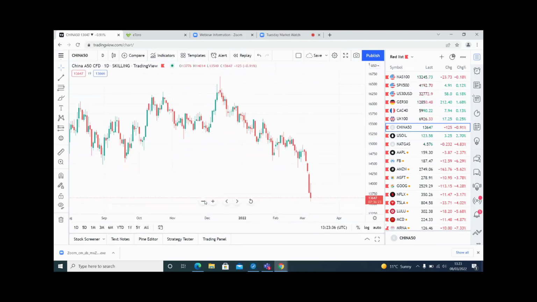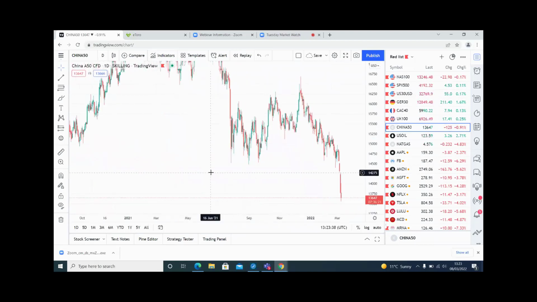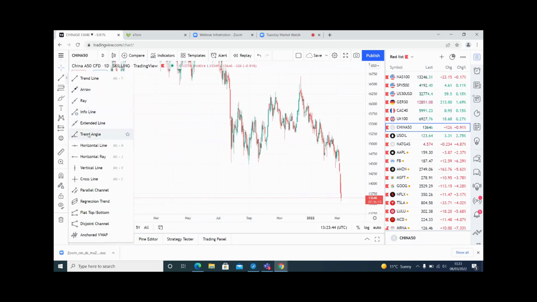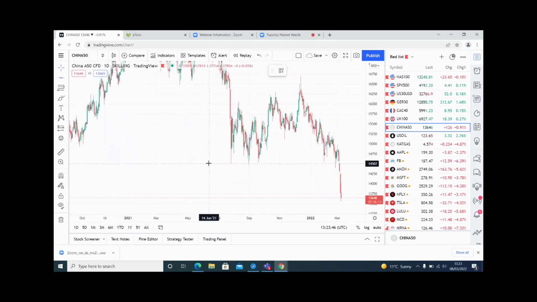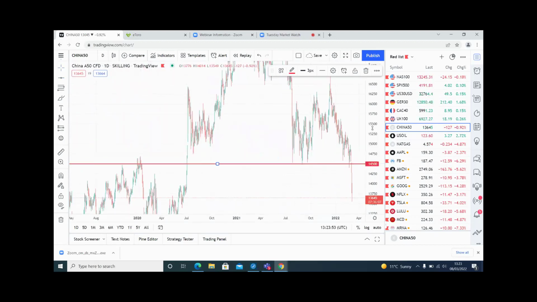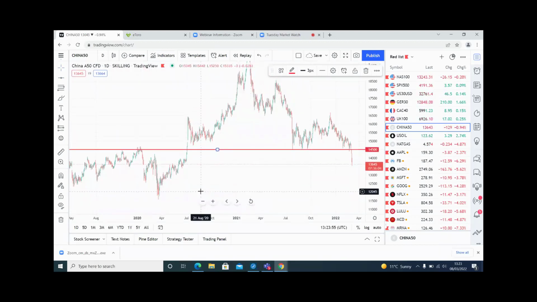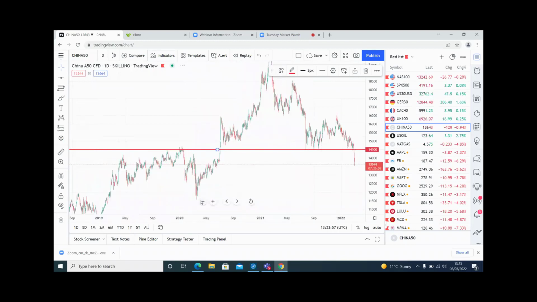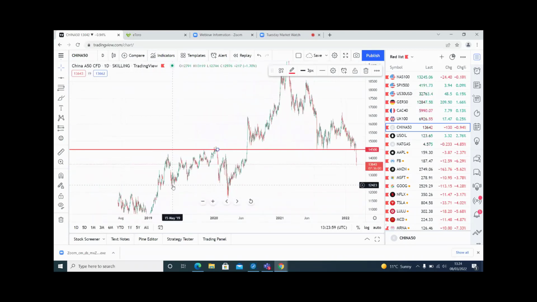China finally broke out of that level it had. So now the question is, where is this going to drop? Where is it going to drop to?